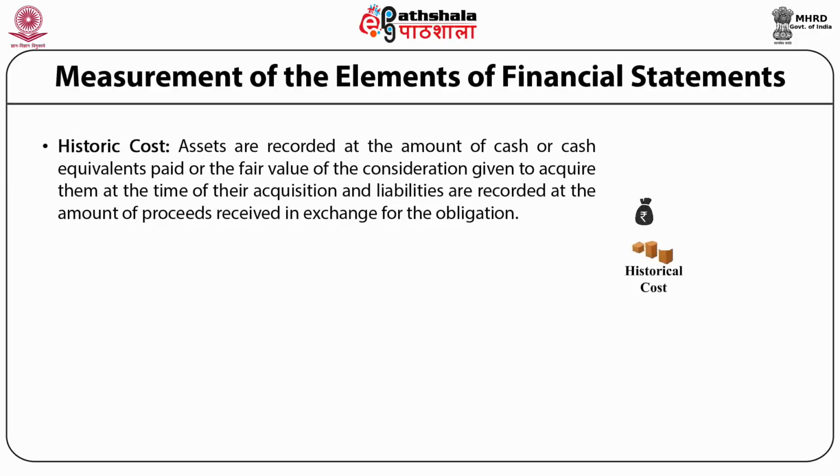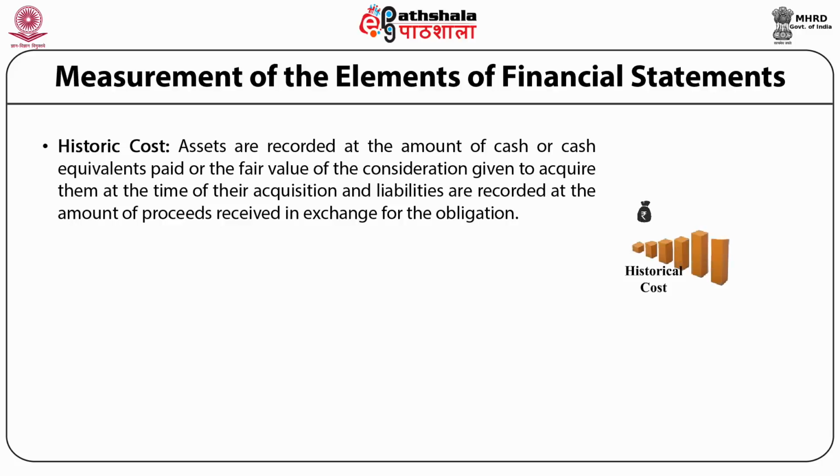What is the meaning of historic cost? Assets are recorded at the amount of cash or cash equivalent paid or the fair value of the consideration given to acquire or purchase assets at the time of their acquisition, and liabilities are recorded at the proceeds received in exchange for the obligation.